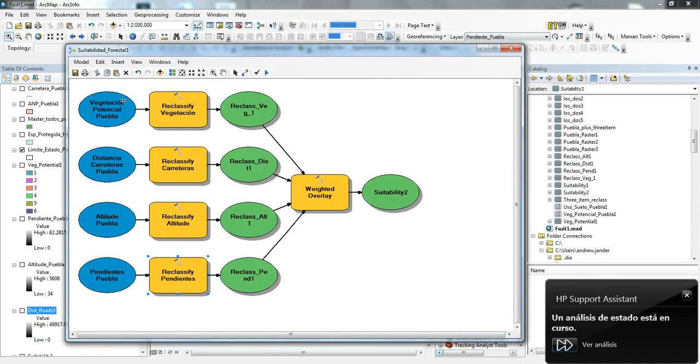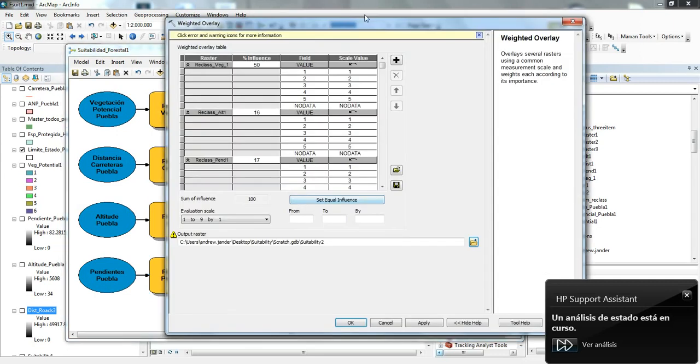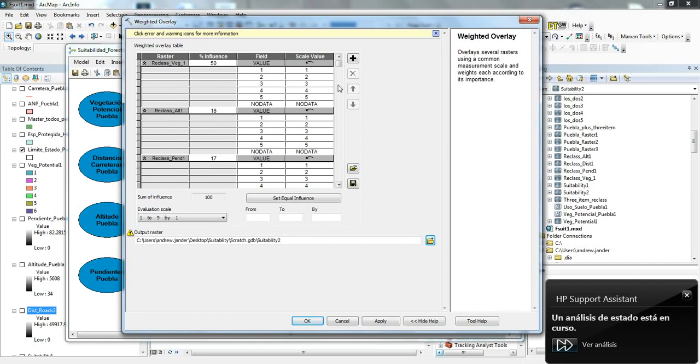So basically we take all these together, and those reclassifies all run and then go into these outputs here. And these outputs are then put into the weighted overlay. And the weighted overlay basically takes the inputs, and then you give a percent influence to those inputs.